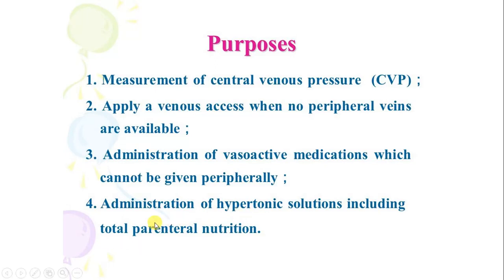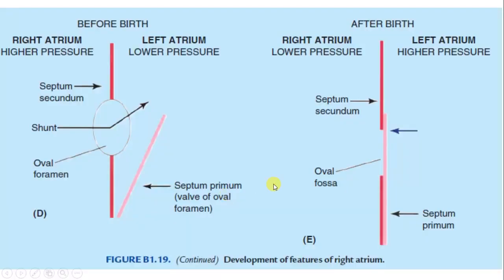Now we move further. So we come first to the congenital heart defects. Here you see that before birth, here is the right atrium and on the left side the left atrium. We know that before birth there is a foramen ovale which is between the septum primum and septum secundum.